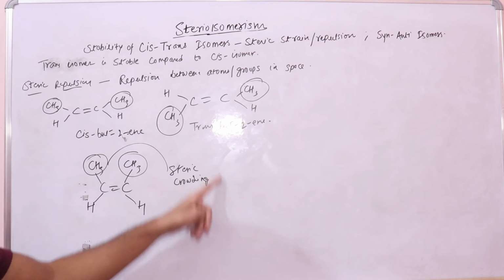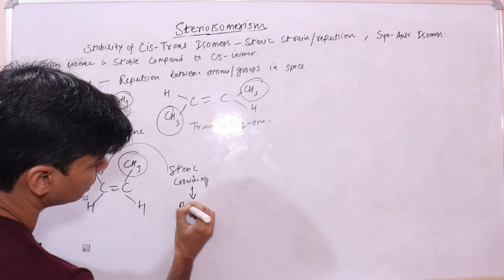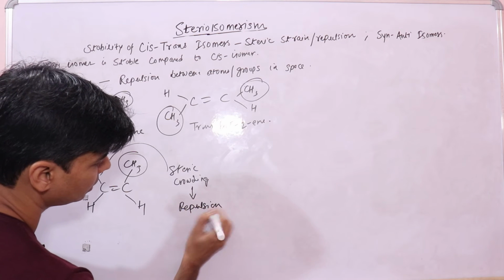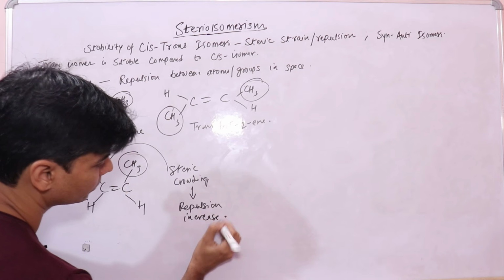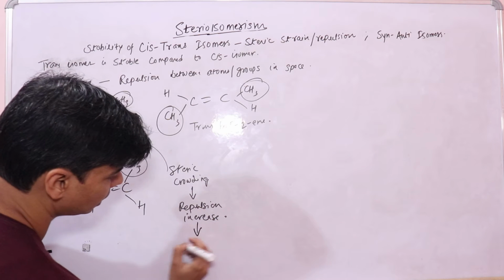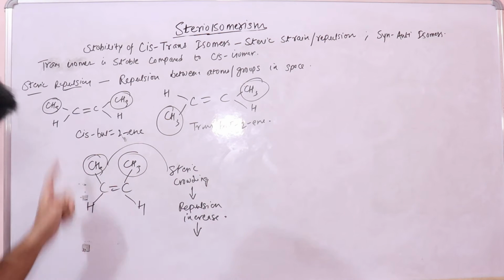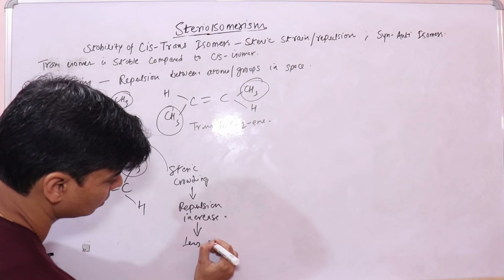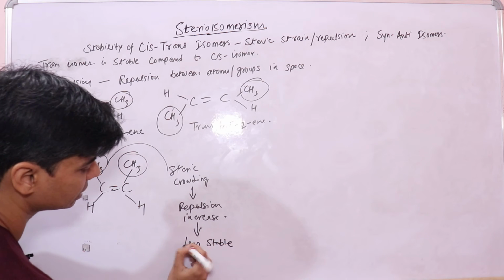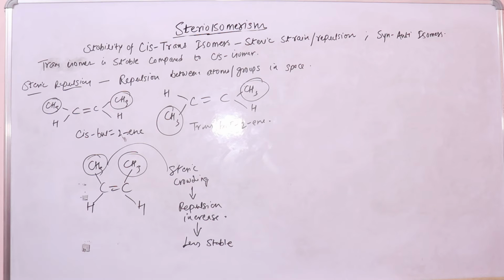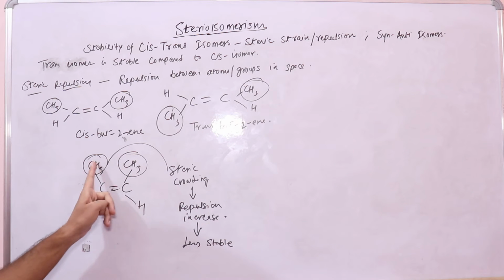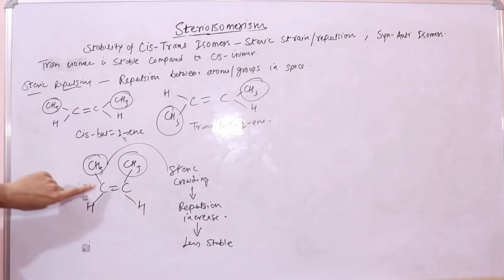Due to steric crowding, repulsive forces increase, and this repulsion makes the molecule less stable. I hope this is clear. So due to steric strain or steric crowding, the repulsive forces increase between the groups on the same side of the carbon-carbon double bond, and that makes the molecule unstable.